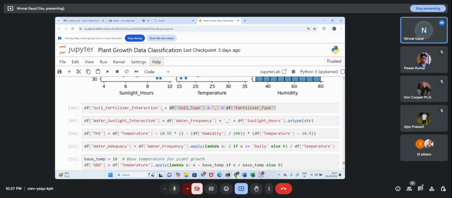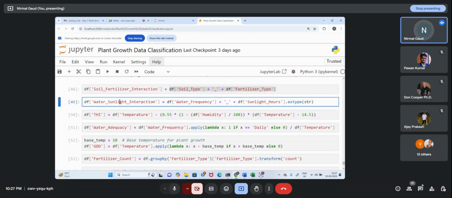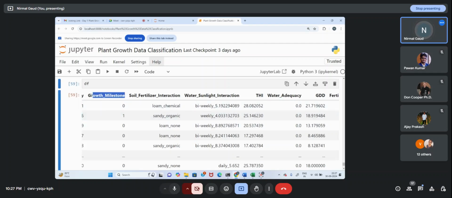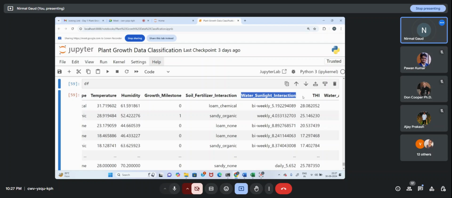Okay, what else can I do? Water sunlight interaction. How much sunlight there is and how much water you are going to give? So water frequency with sunlight hours. Here it is, water sunlight interaction.